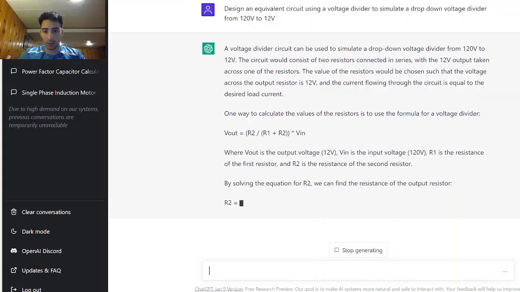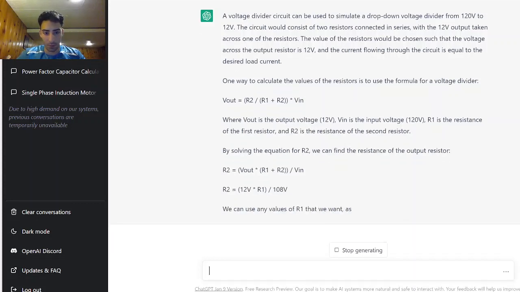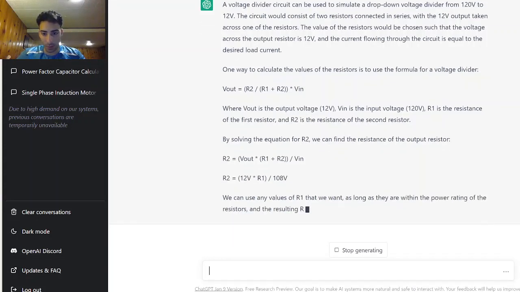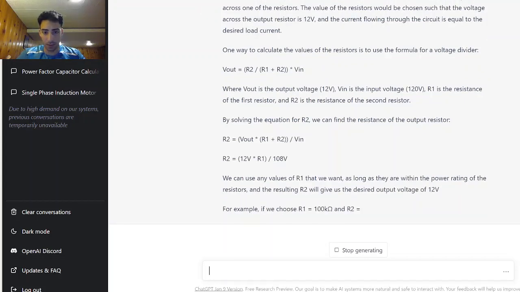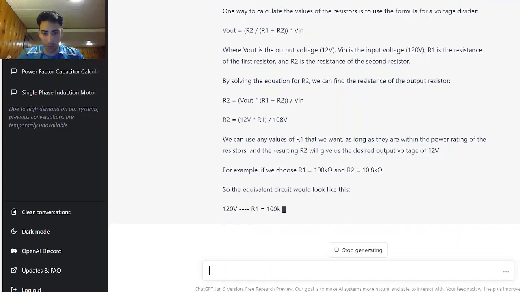Okay, it's going to solve it. So give me the correct equation. Okay, 100 kilo ohms and 10.8 kilo ohms. That's going to be a step down.